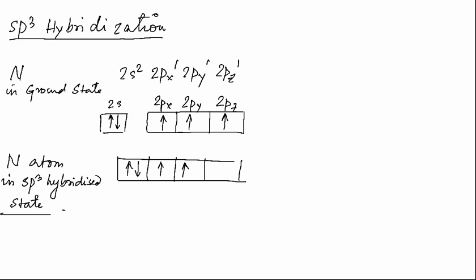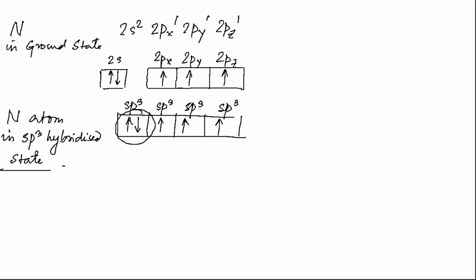The lone pair remains as it is, and there are 3 more electrons, since there were a total of 5 electrons to be distributed in 4 orbitals. So this is one sp3 hybridized orbital, this is another, this is one, and this is the final sp3 hybridized orbital. This particular electron pair gives rise to the lone pair of electrons on nitrogen.